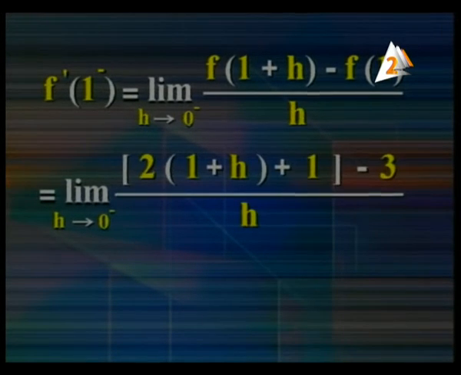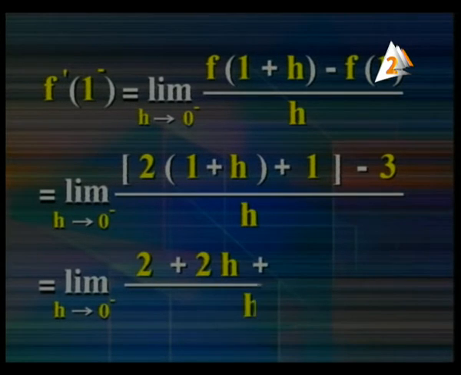f dash 1 negative, limit when h tends to 0 negative, f of 1 plus h minus f of 1 over h. After that, we find the limit h tends to 0 negative by substitution in the first branch, 2 times (1 plus h) plus 1 minus 3 over h.